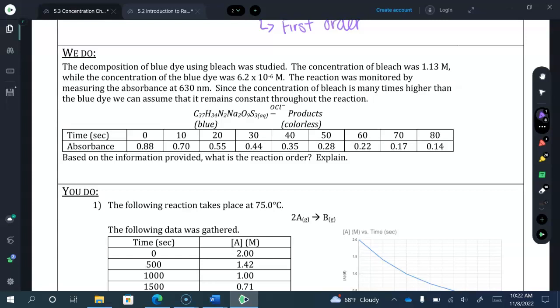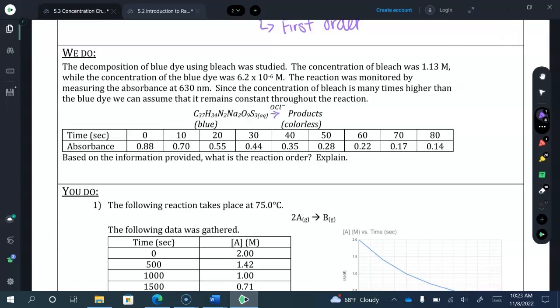Since the concentration of bleach is many times higher than the concentration of blue dye, we can assume that the concentration of bleach remains constant throughout the reaction. It's so large that it's not changing significantly compared to the initial amount. So you can ignore it and just say, hey, it's there, but it's going to react, so this should actually be an arrow right below it. I think the arrow part got cut off.